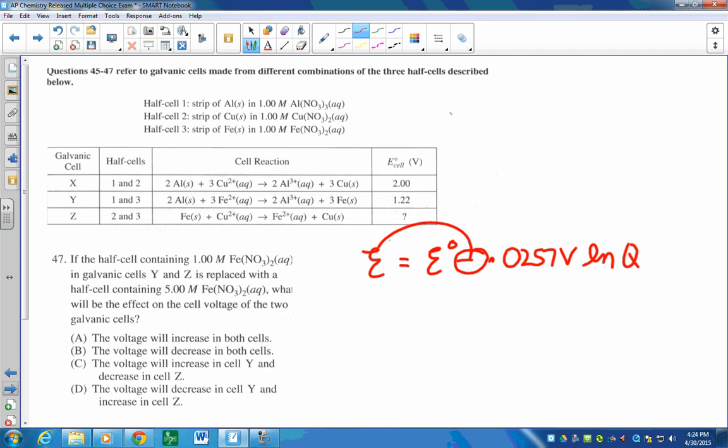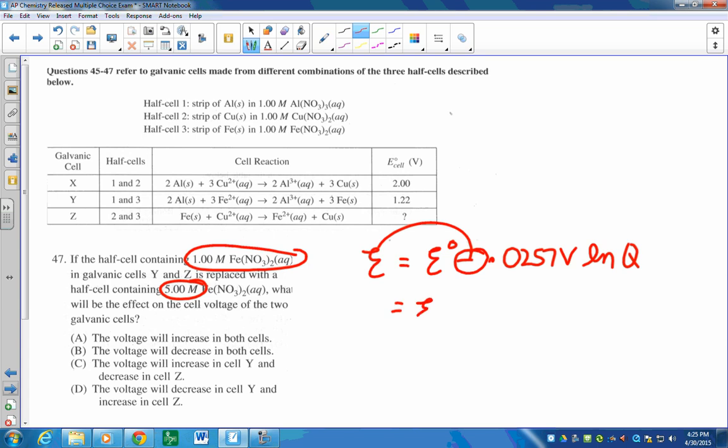Now, this question is, if the half cell containing 1 molar Fe(NO3)2 in galvanic cells Y and Z is replaced with a 5 molar solution, what happens to the cell voltage? You don't have to calculate it. They just want to know if it goes up or down. Now watch this.